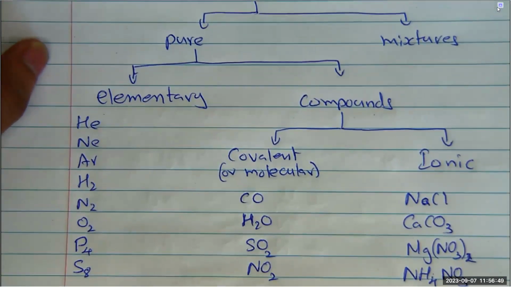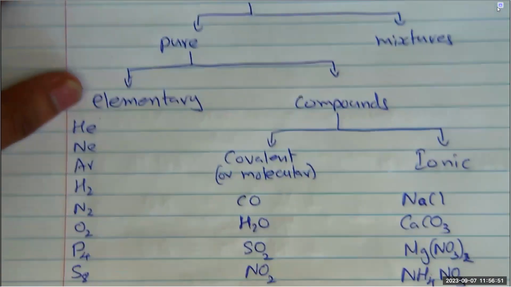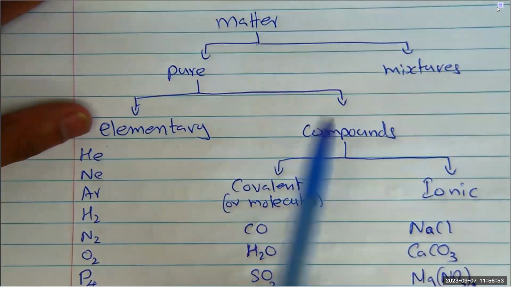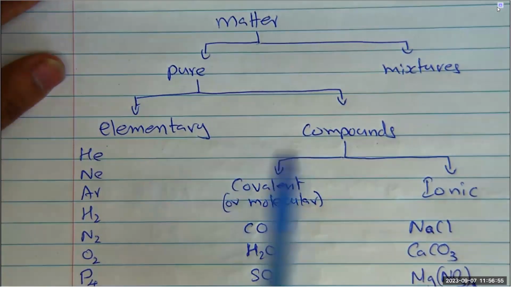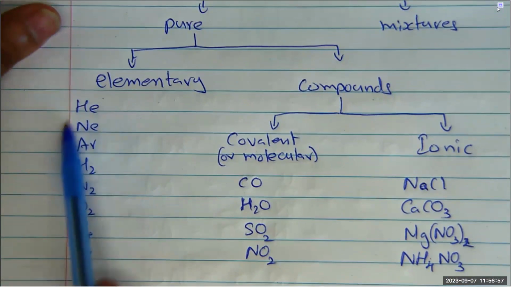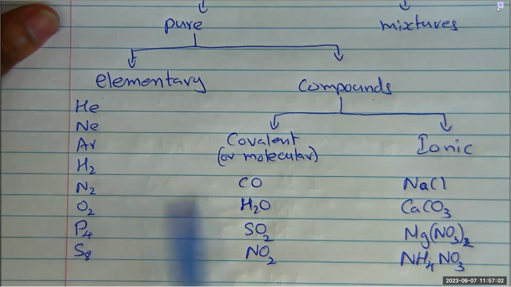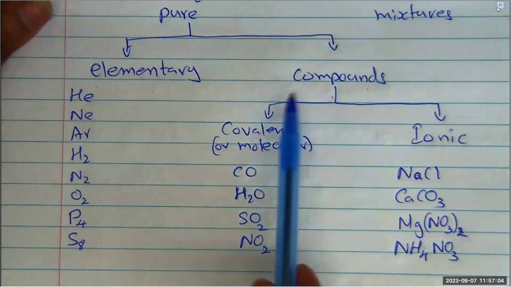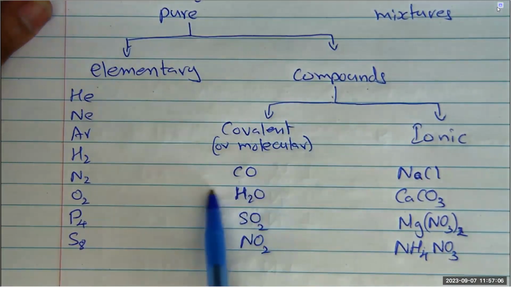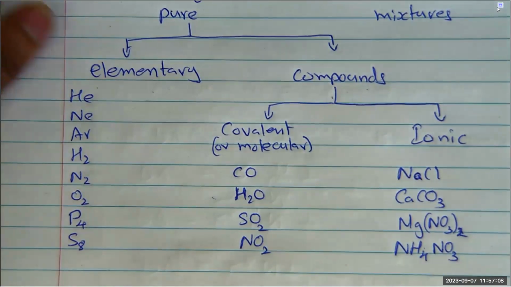All right, so this is called classification of matter. It can be pure or mixtures. Pure can be elementary substances or compounds. Elementary means they are made of only one type of element or atom. Compounds are made of two or more types of atoms.